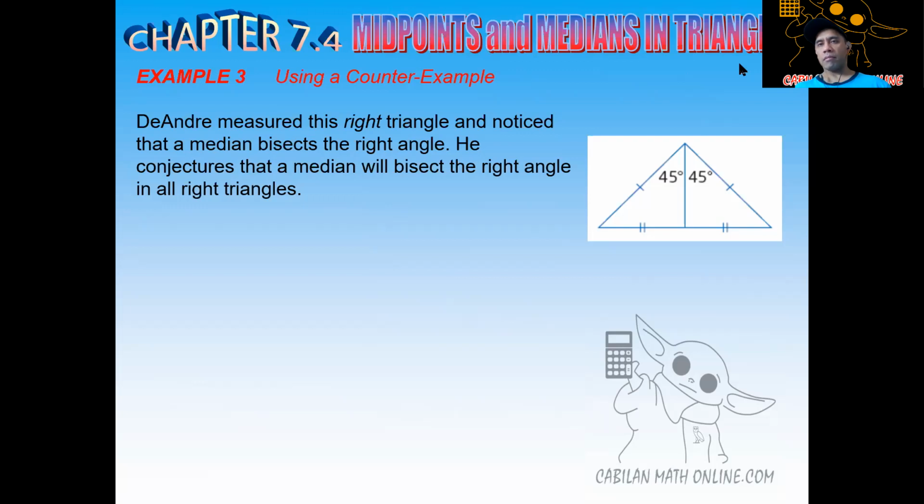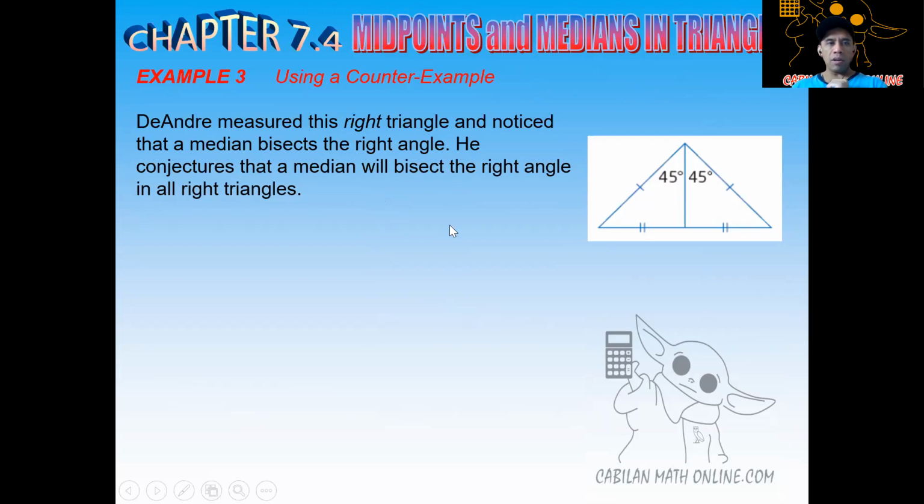All right. Now, once you do that, let's talk about this question. I want to take a look at the diagram and analyze what this question is dealing with, because if you read the question very carefully, the diagram here is correct. So let's break this down. It says DeAndre measured this right triangle. As you can see, we have a right triangle because we have two angles that add up to 90, so this would be the right angle.